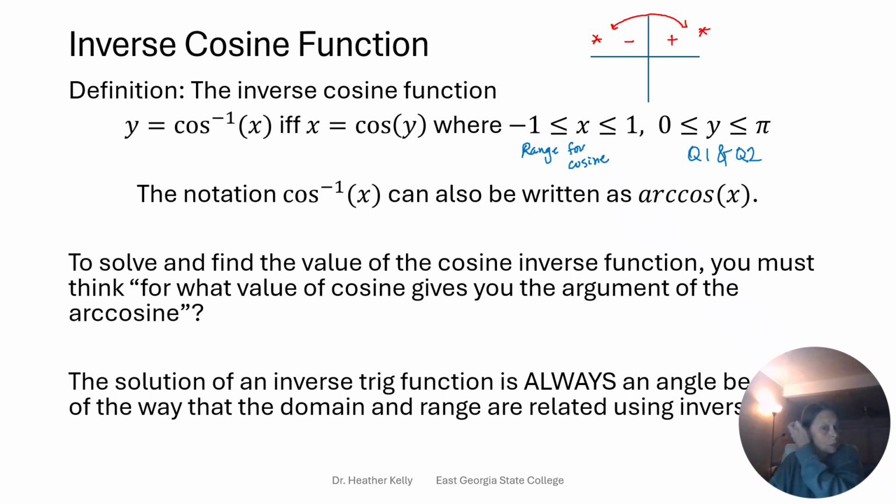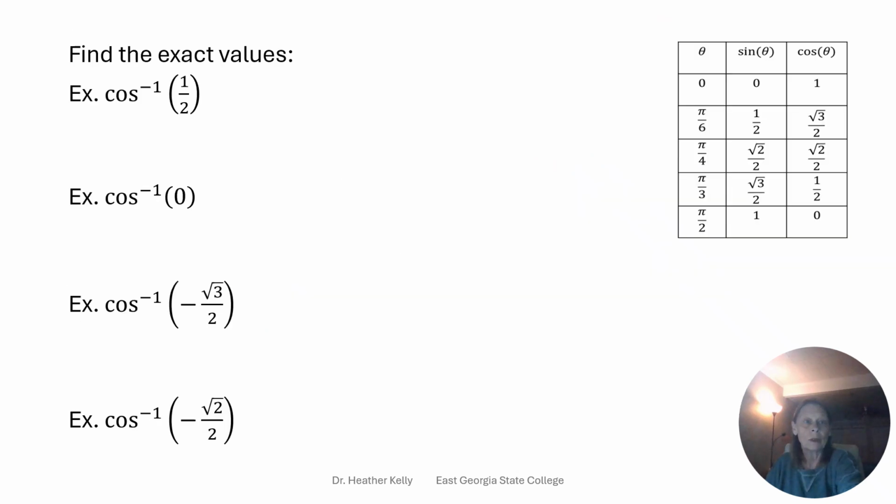The notation situation is the same. To solve it is the same. We're going to say for what, and I don't know why I wrote value here. I should write angle of cosine gives you the argument of the arc cosine. So let's look at a couple of examples here. Let's find some exact values.